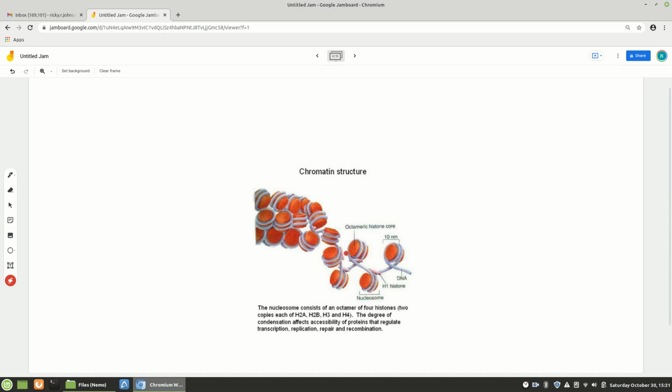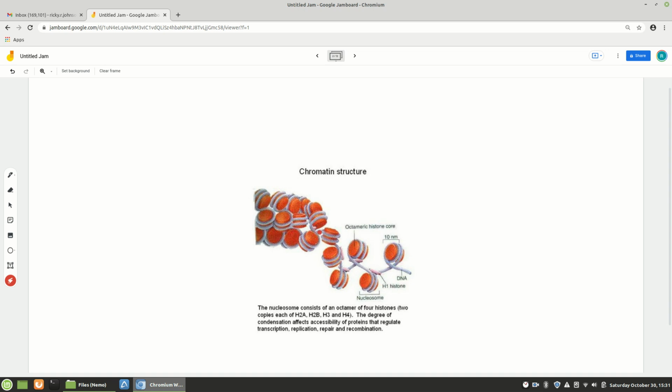Now this DNA is more accessible to RNA polymerase and other proteins than this DNA. Notice how tightly these nucleosomes are all bundled together. We're really shutting down access to the other proteins when you cause the actual nucleosomes to bind to one another. So this would be more compacted than this.